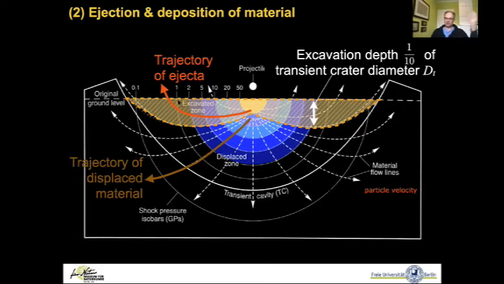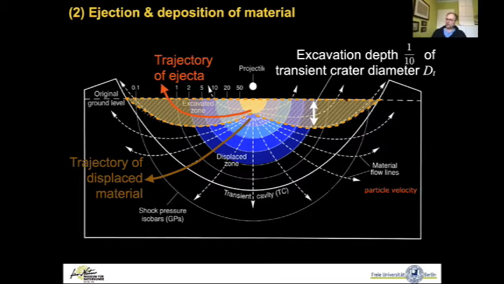So it's thrown out of the crater, more or less on a ballistic trajectory, and lands at some distance. And the zone where material is ejected, the terminology here is not chosen very well in my opinion, but we call that the excavated zone.